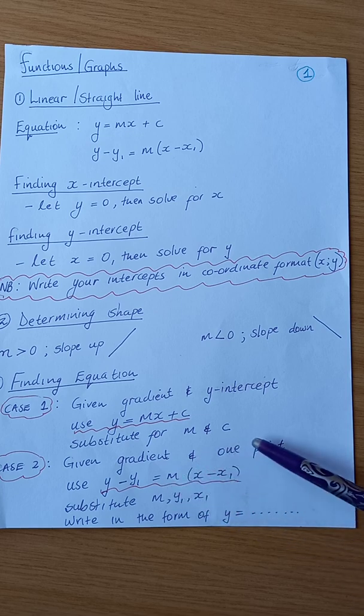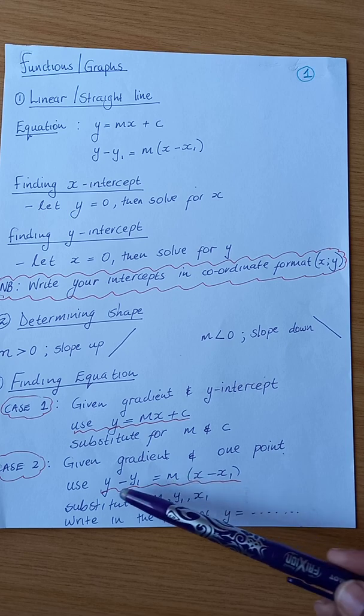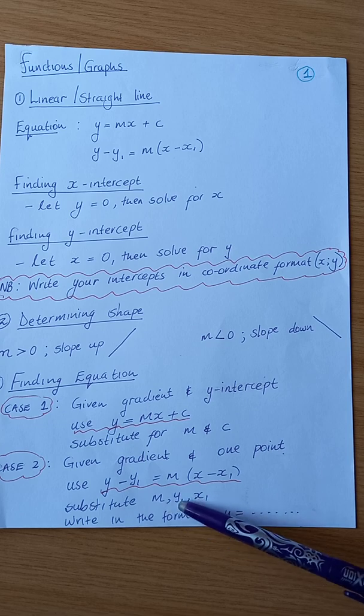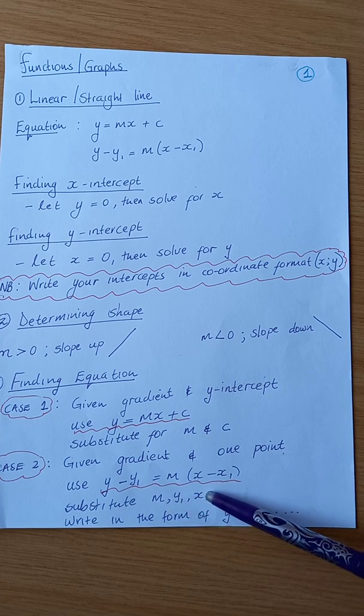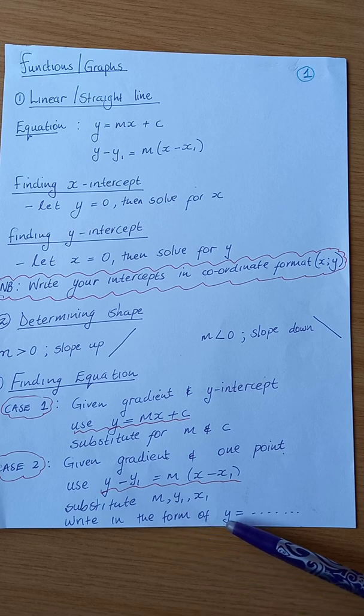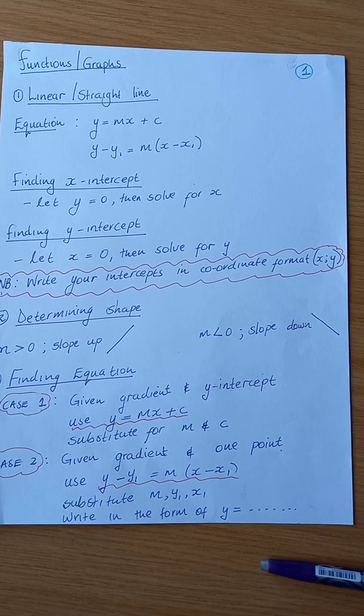Should you be given 2 points, you can still calculate m and use one of the points. Then you substitute m, y1 and x1. Then you write your equation in the form y = mx + c at the end of the day. That is it for linear functions. Thank you.